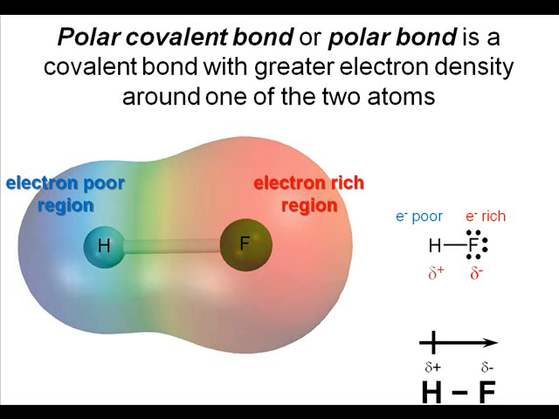Now, we then want to indicate the direction of the dipole. And all we're indicating there is the idea that we have a plus region and a minus region. And the drawing that you see is how you would represent that dipole in terms of direction.